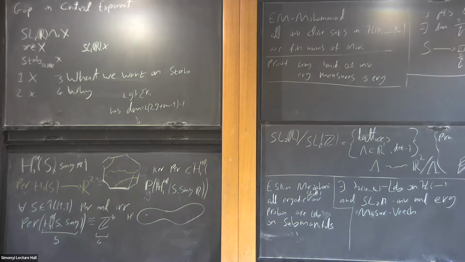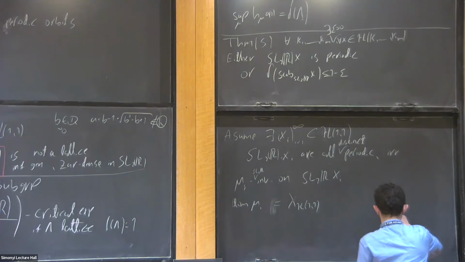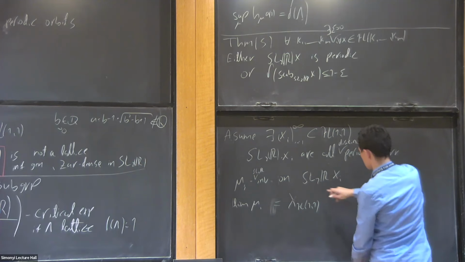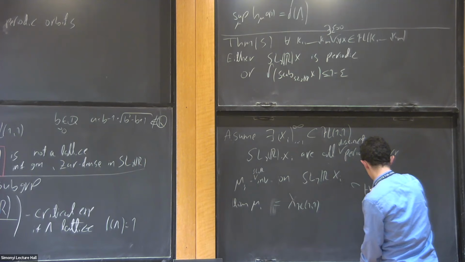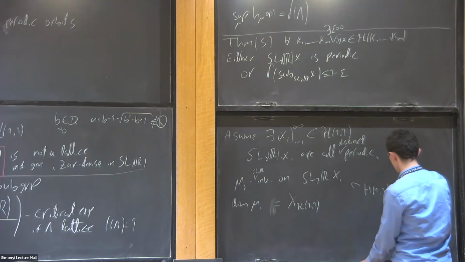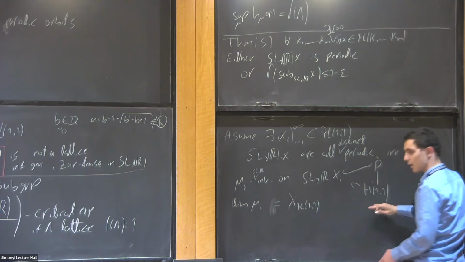So now, if we take our measures mu_i, so we had our orbits SL2R xi, they were inside H11, and there was a section to a projective bundle above H11.